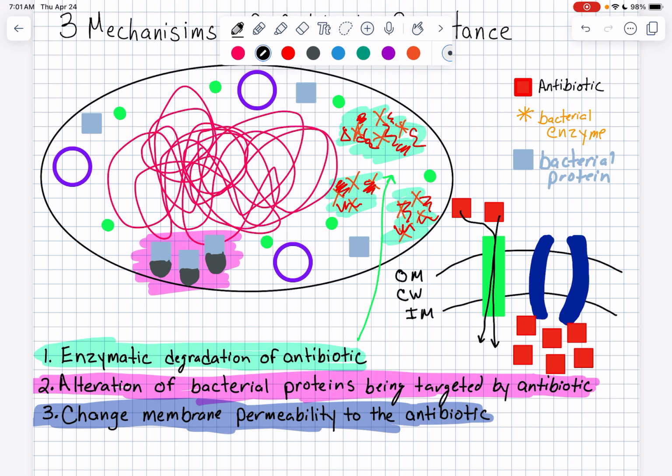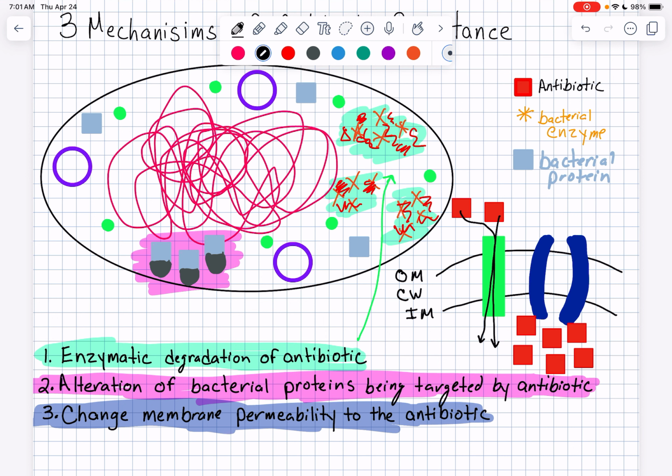They'll come into the inside of the cell. That's what gains them access to attack the bacterial proteins, to degrade the bacterial plasmids, and to do all those sorts of things.